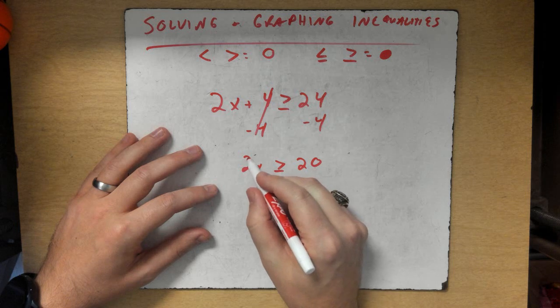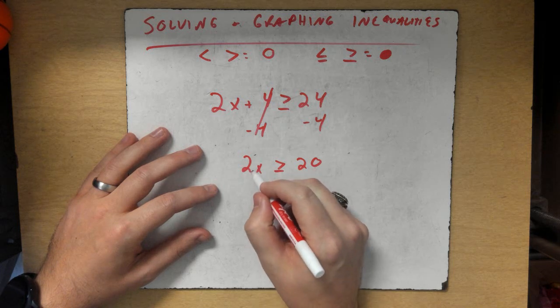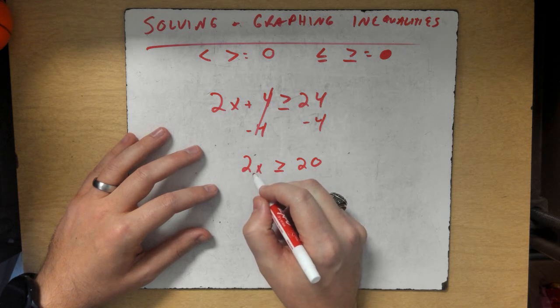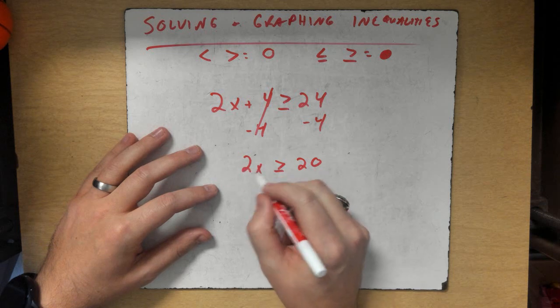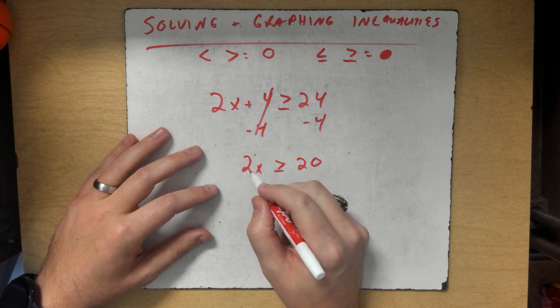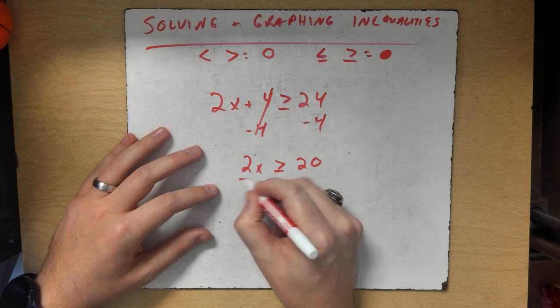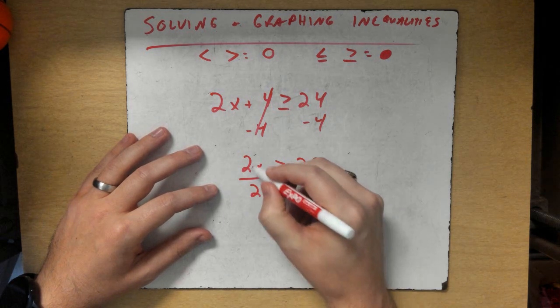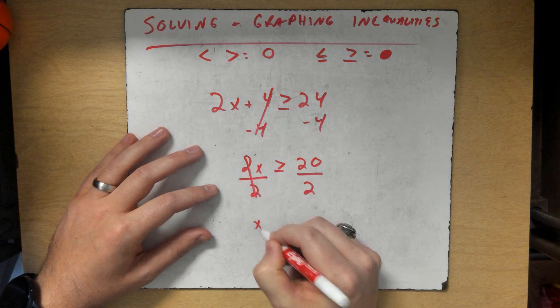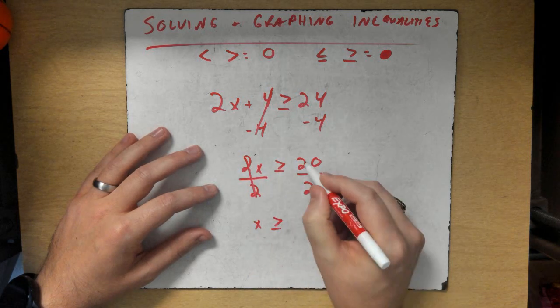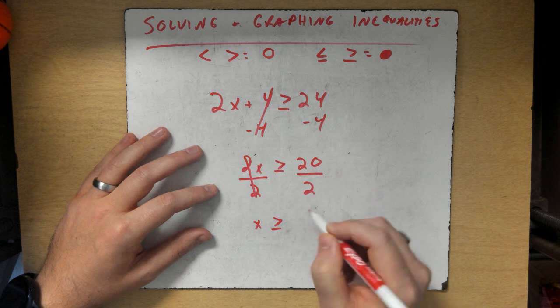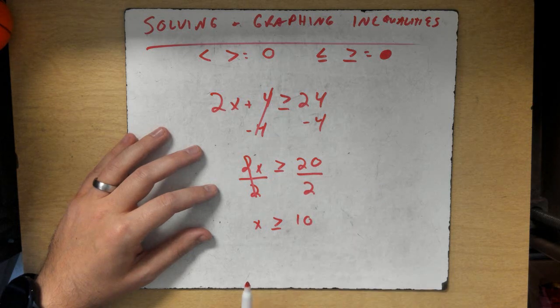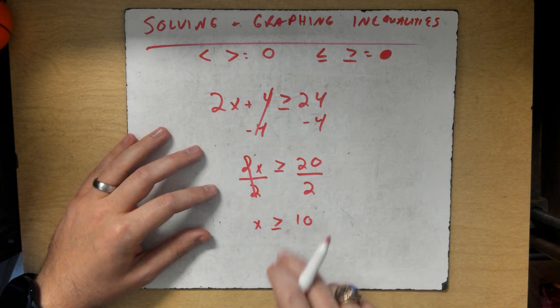Remember, when you have a number and a letter next to each other with no symbol in between, this is saying we need to multiply the 2 and the x. To get rid of multiplication, we do the opposite, which is division. So we divide by 2 here, divide by 2 here. Our 2's cancel out, our x comes down, our symbol comes down, and we do the math. 20 divided by 2 gives us 10. Okay, so that's our answer.